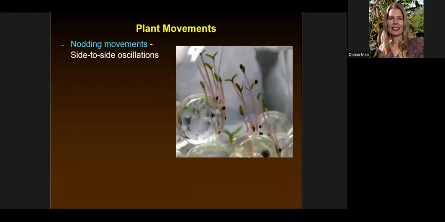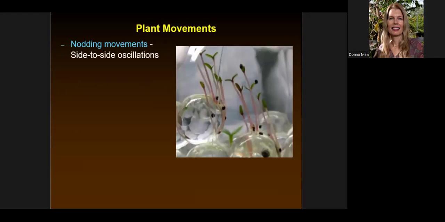Here's another example, a nodding movement, because when you watch this video, the plants actually look like they're nodding. What they did is they put seeds on a gelatinous nutrient, because it's easier to video what's going on.